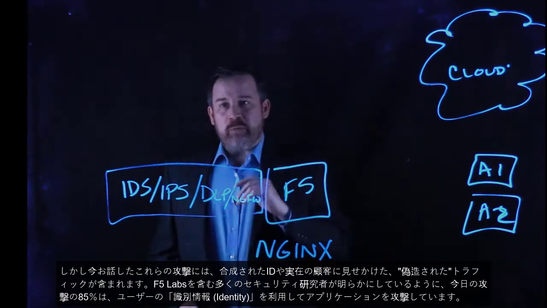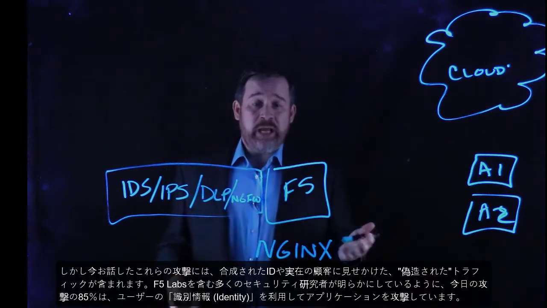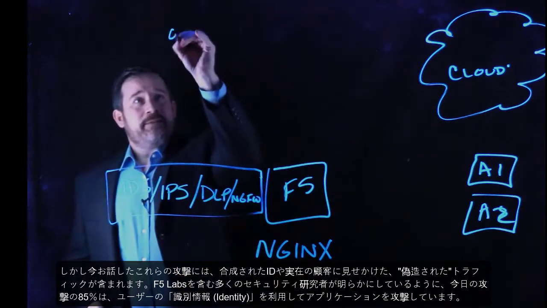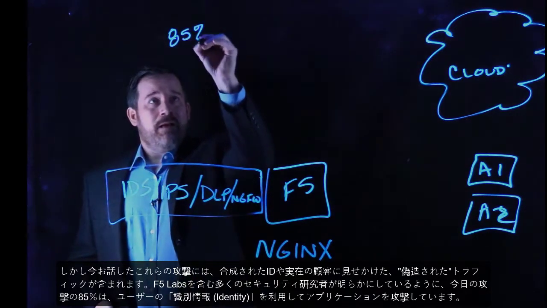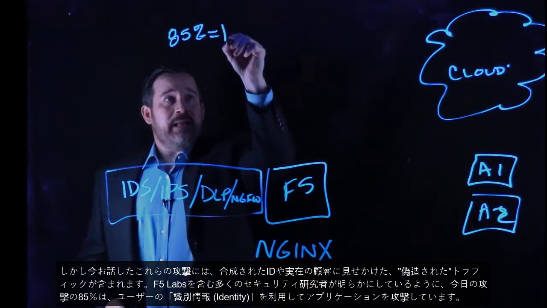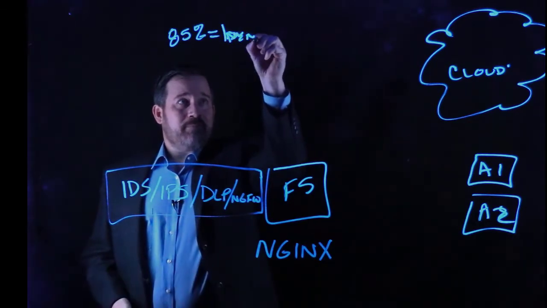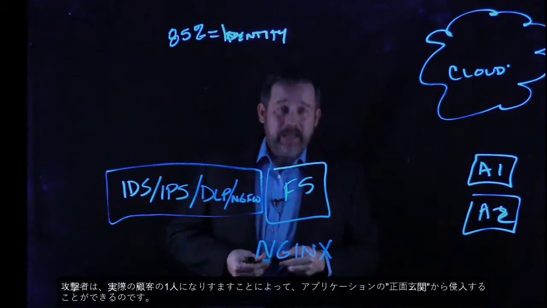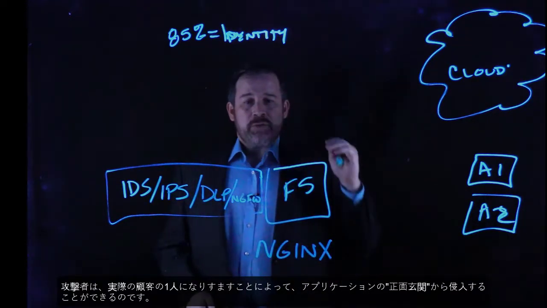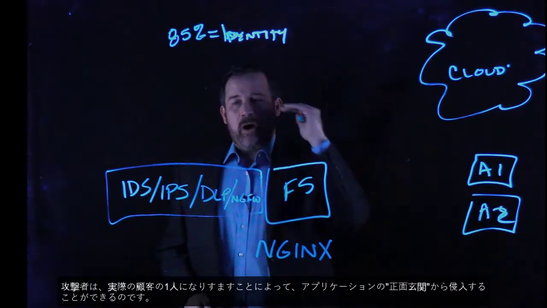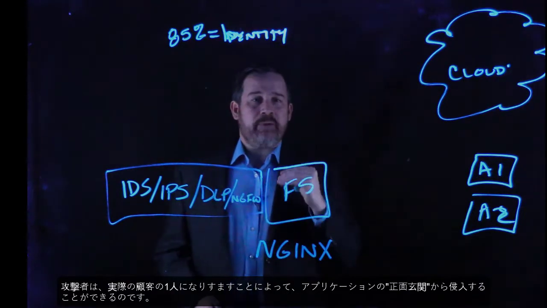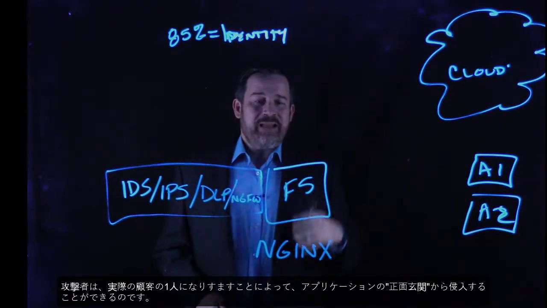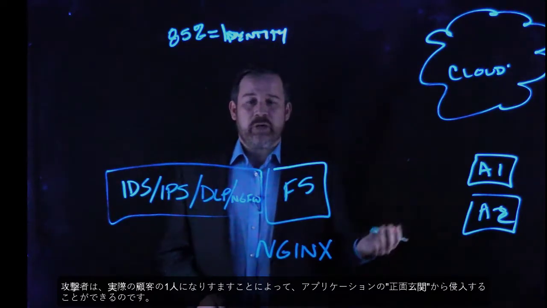As many security researchers, including F5 Labs, have found, 85% of today's attacks leverage identity. They leverage user identity. So the attackers are able to walk past your security and right into your application's front door, pretending to be one of your actual customers.